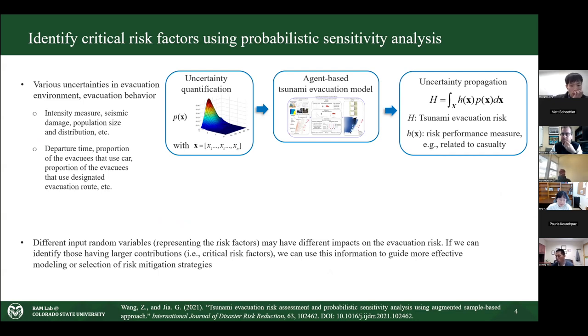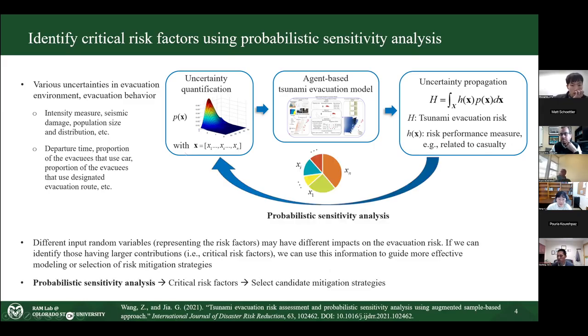How can we reduce risk? And here, the approach we use is the probabilistic sensitivity analysis, trying to figure out, out of all these variables, which ones have higher contribution to the evacuation risk.